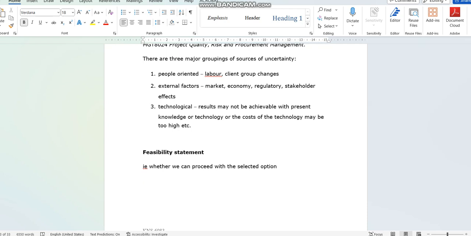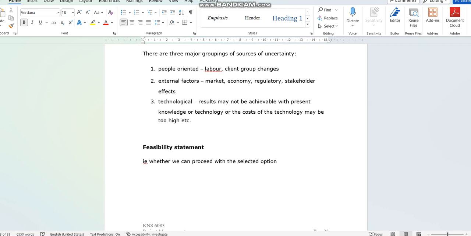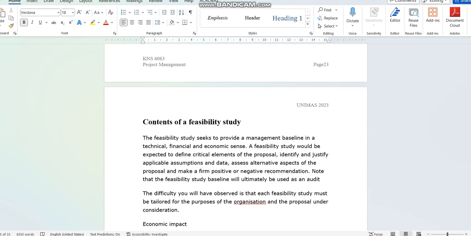So from the data collection, to the analysis of the data, to the risk assessments, then we will produce a table of feasibility statements to say that these components, this option will be the best option for the project.